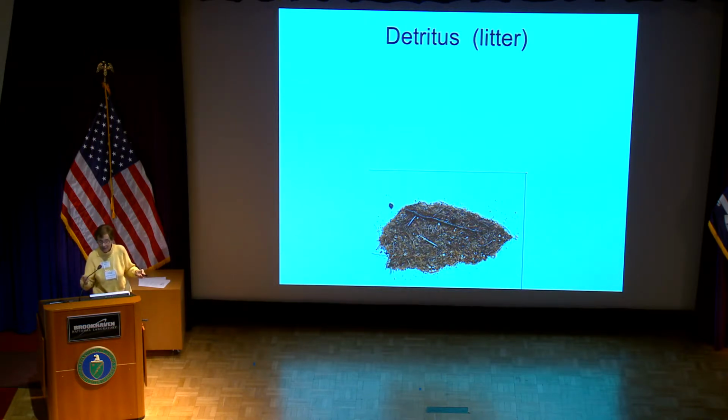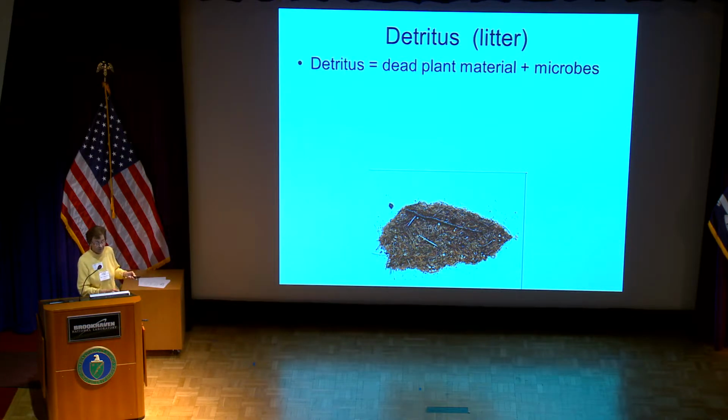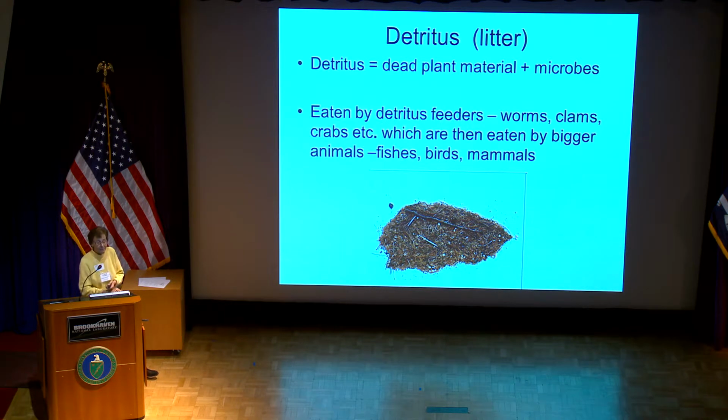It's not the prettiest thing, but just like in vernal pools, which we heard about this morning, where the decaying leaves are the beginning of the food chain, that's true in salt marsh also. We have a whole bunch of critters that are called detritus feeders. These are worms, clams, crabs, etc., that are then in turn eaten by larger animals and so forth. So this productivity gets up through the food chain.